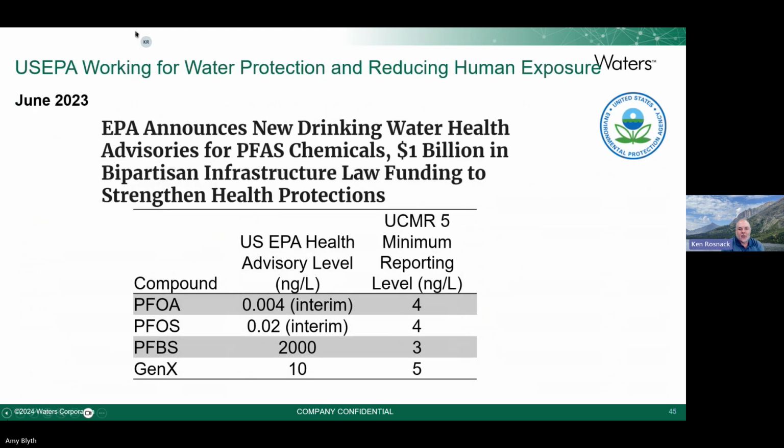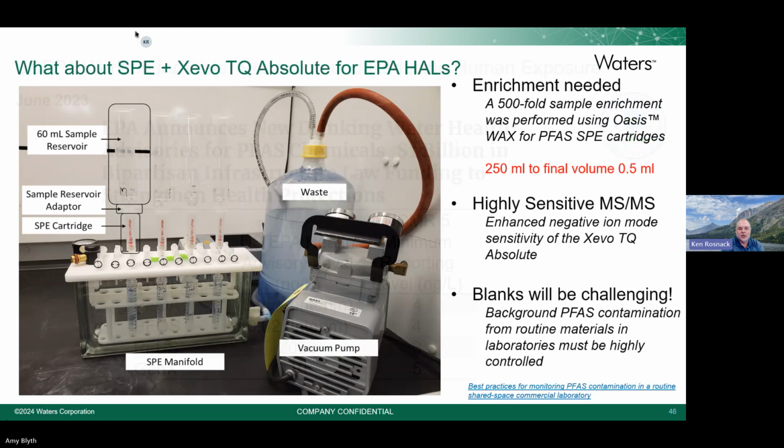And this is that part per quadrillion that you heard from Andrew. UCMR limits in the low nanogram per liter, but some of the health advisory is just a whisper in the parts per quadrillion area. Very difficult to get through unless you're super, super cautious. If you're prepping samples, this is a solid phase extraction manifold that you see here.